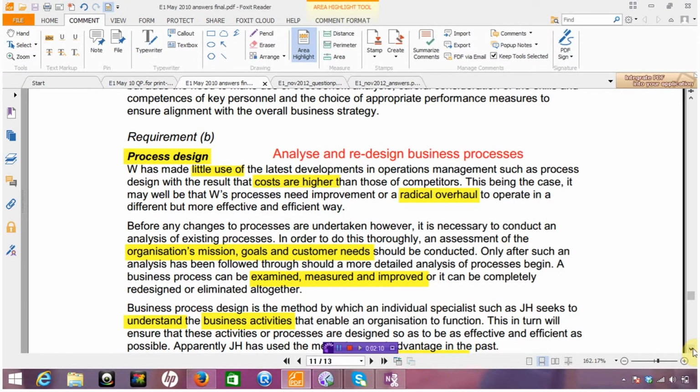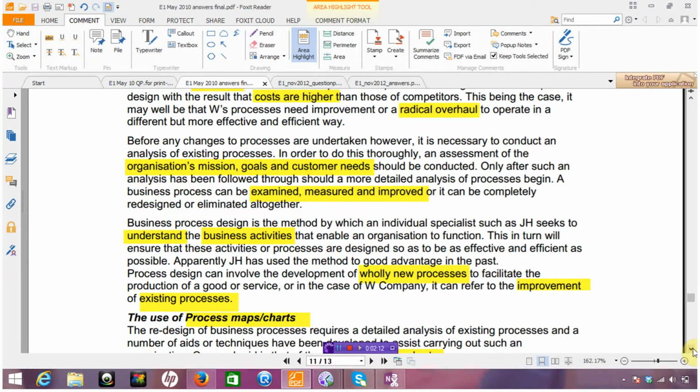Okay. In terms of changing processes, analyzing and reintroducing new processes, what they talk about here is that the first thing they'll need to do is establish exactly what their mission and goals and their customer needs are. They need to establish where they are first by doing a full analysis before they can move forward to redesign or eliminate any processes that are already in place.